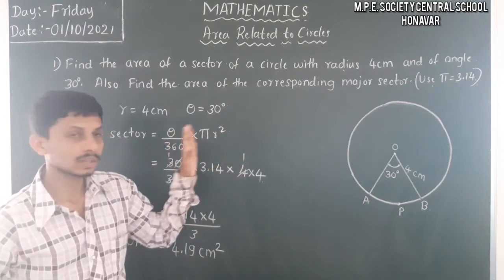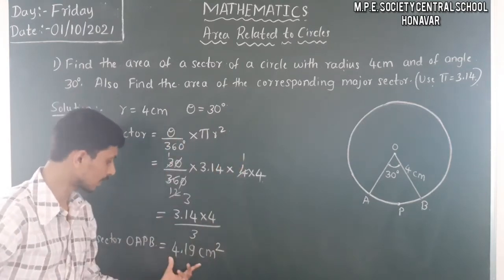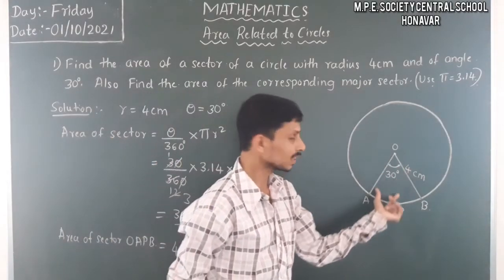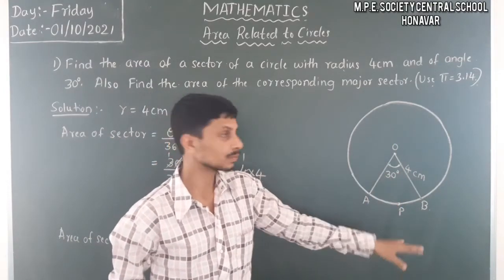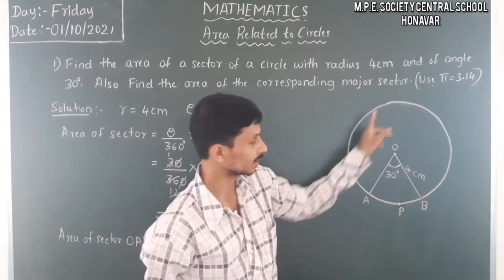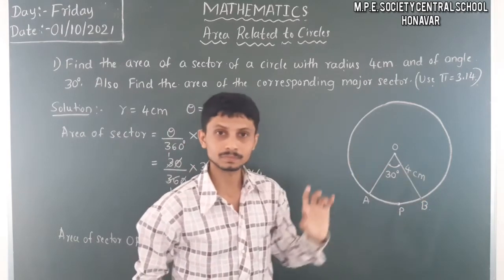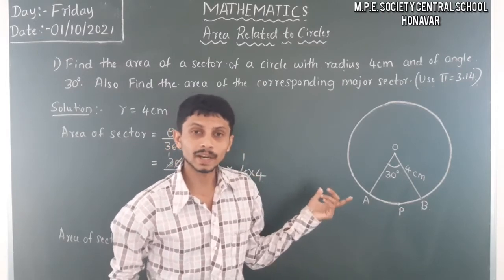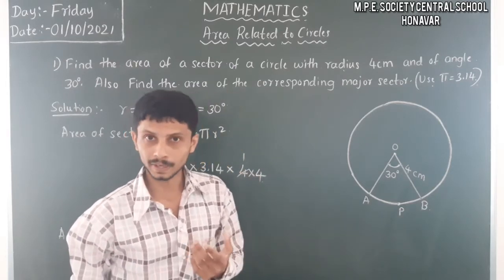So we have to subtract this value from the complete circle. That is, the minor sector is a part of the complete circle. If you want the area of the major sector, you have to subtract the minor sector part from the complete circle. So we subtract the minor sector from pi r square.